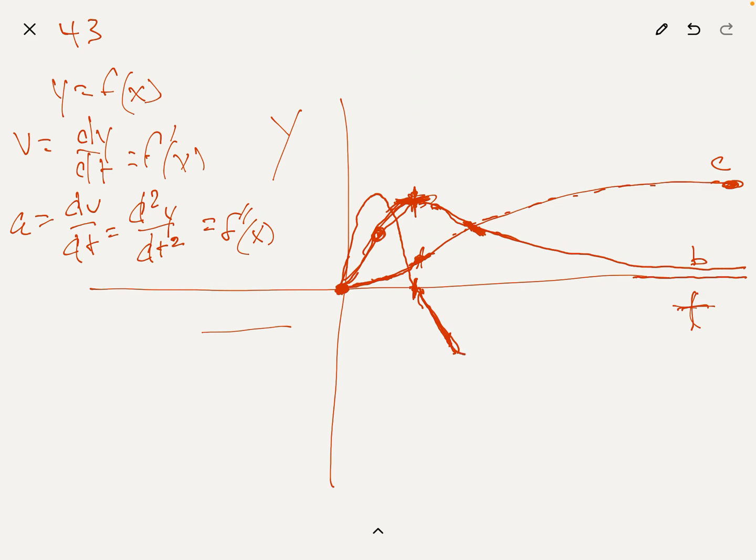And the deceleration reaches a minimum here, and then it comes back up towards 0, because as the velocity stops changing, the acceleration stops changing. And so this looks kind of like A.